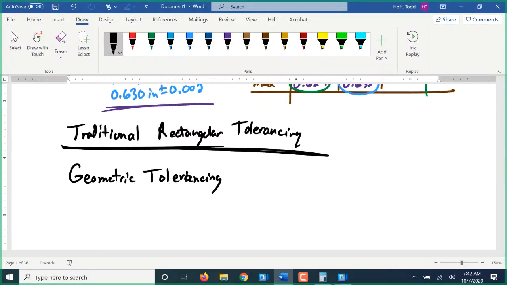In geometric dimensioning and tolerancing, the way the tolerancing is created depends on the use of the part. I'm not going to get into it a whole lot here, but let's say you've got a location of a hole in a part.